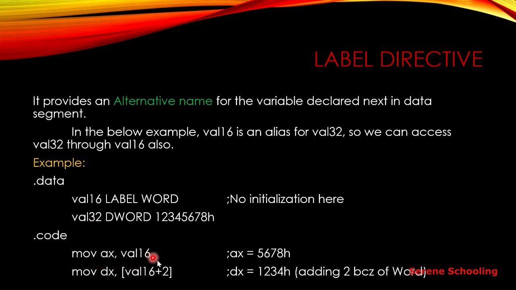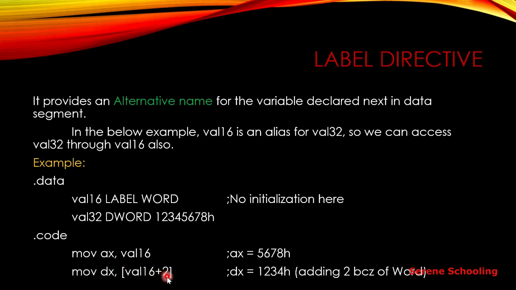So by this statement, I have gotten the half part of this val32 in my AX register. Suppose I also want to access the other upper part in some other register. So inside my DX, that is also a 16-bit register, I am saying val16 + 2.